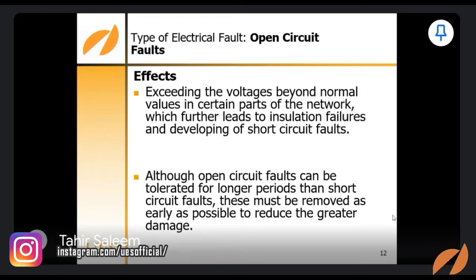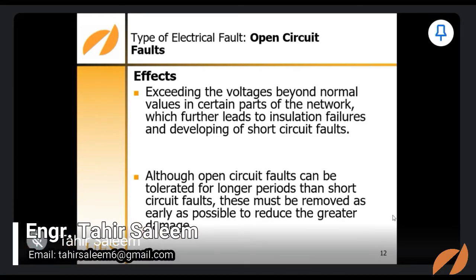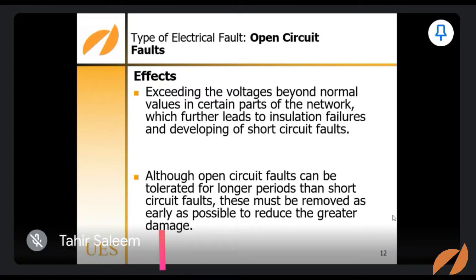So you have to be very careful about that, and you have to design your protection system accordingly, installing a breaker which will not allow the voltage to exceed 0.8 of the phase-to-phase voltage.